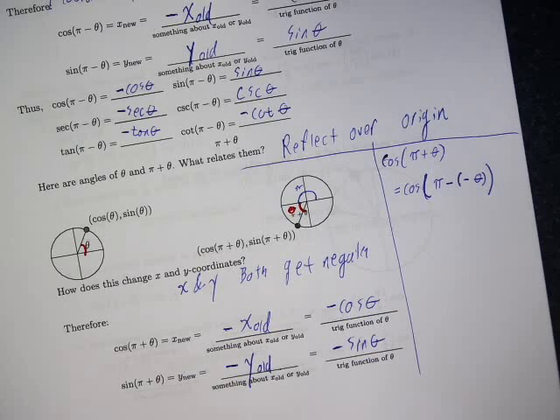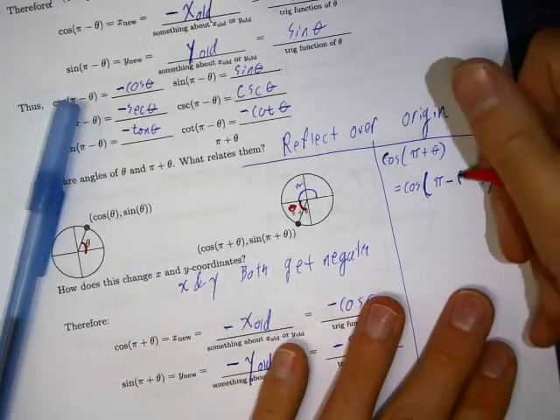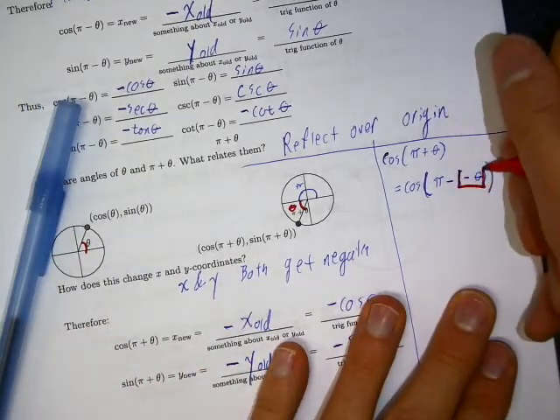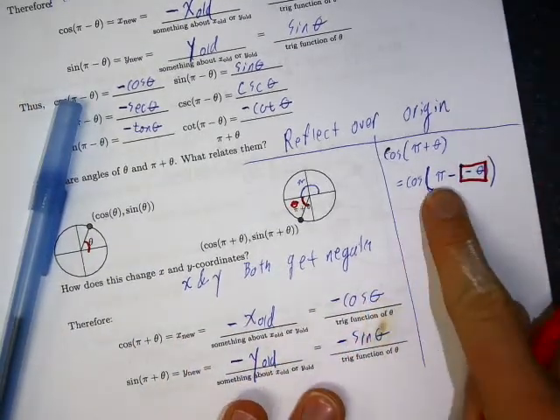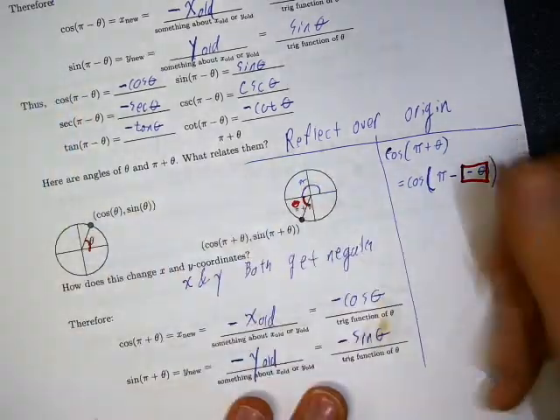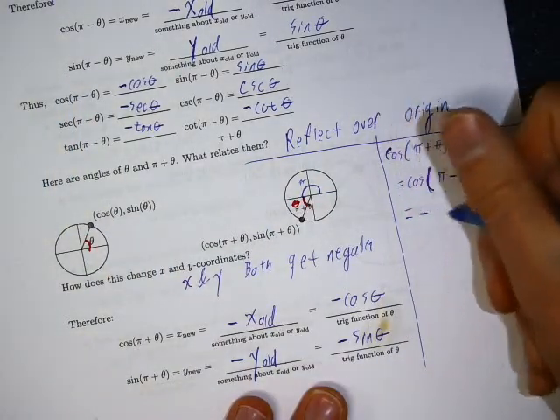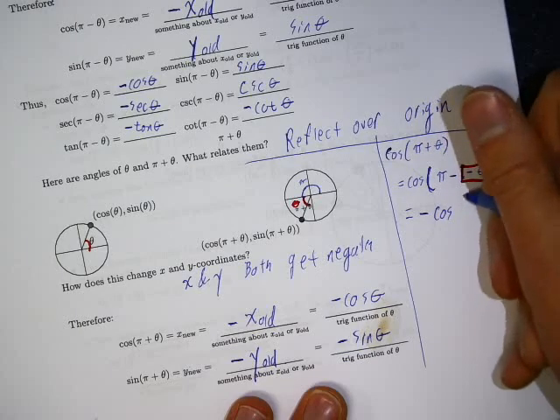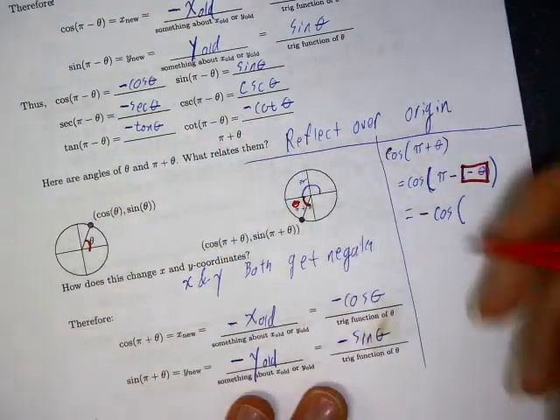And that might seem like a dumb thing to do, but have we already established what happens when we do cosine of pi minus a thing? Yeah, what's cosine of pi minus thing? Just negative cosine of thing. So if you like, I'll imagine that this quantity is just something in a box. So I have cosine of pi minus red box. That'll be the same thing as negative cosine of red box.